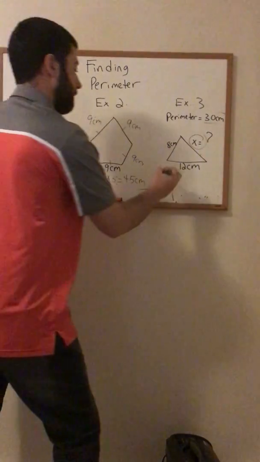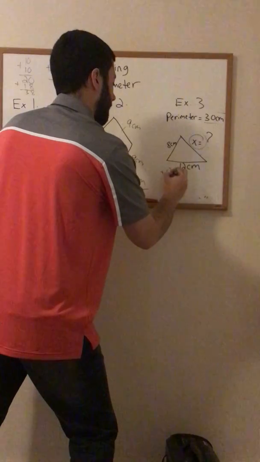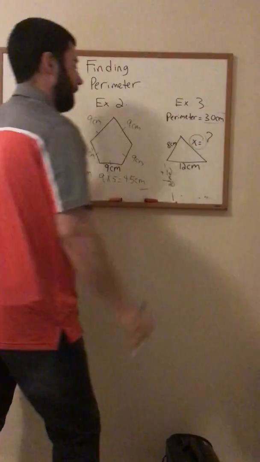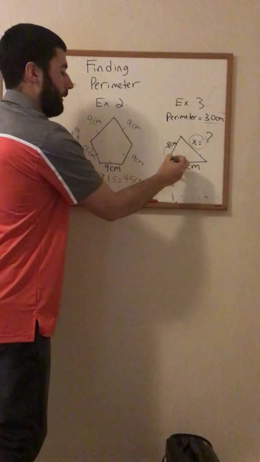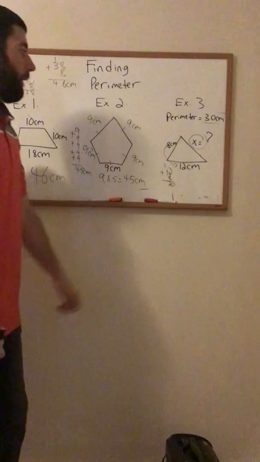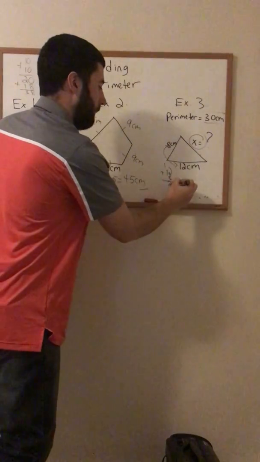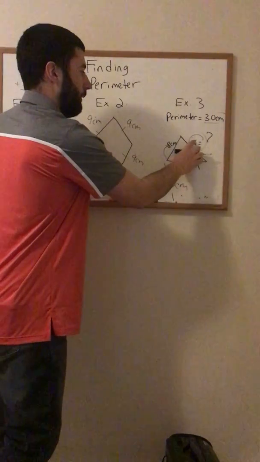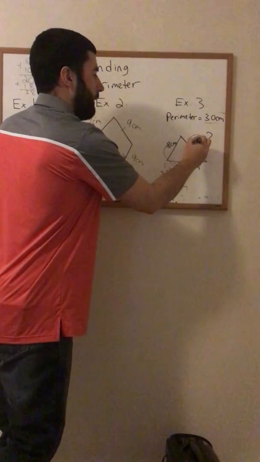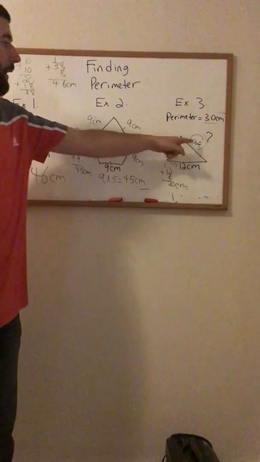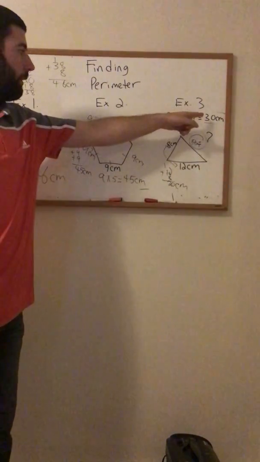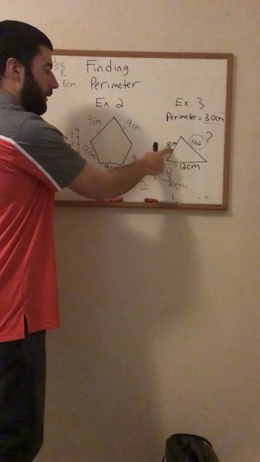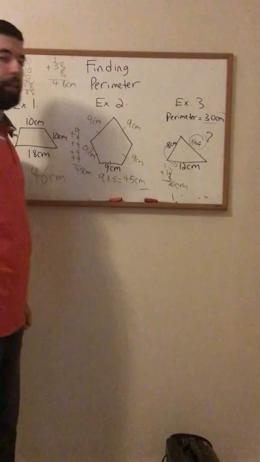So what I could do is I add 12 plus 8, and I get 20. So if these two combined equal 20, then I know to get from 20 centimeters to my 30 centimeters total, I would need 10 centimeters. So now I know that this missing part would be 10 because that equals the 30. So if I add up 12 centimeters, 8 centimeters, 10 centimeters, that gets me to 30.